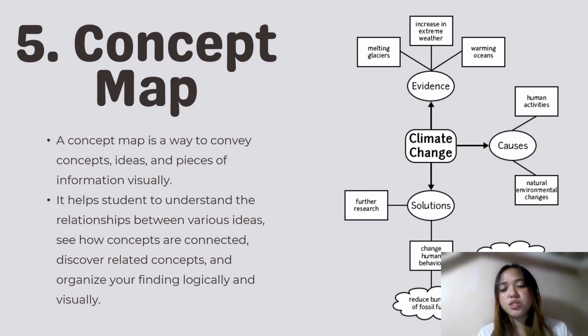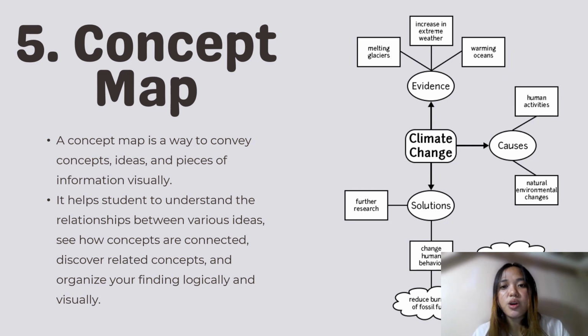So it helps students to understand the relationships between various ideas, and how they are connected to each other, and also we can discover related concepts in climate change. So those are the 5 charts used in social studies, but I guess there are a lot more than that.